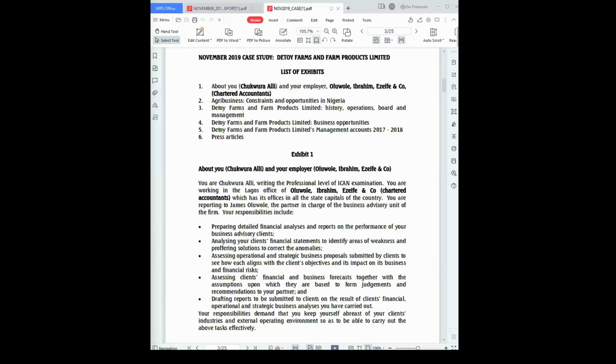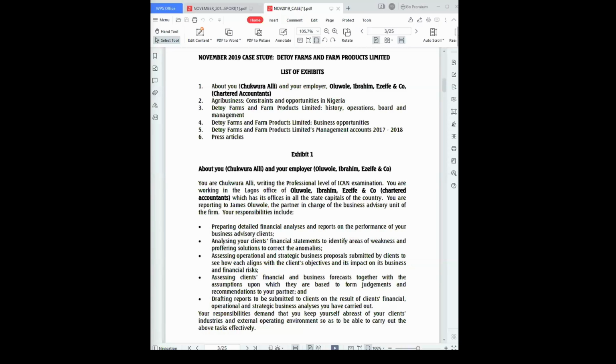You are working in the Lagos office of Oluwole Ibrahim Ezeife and Co., Chartered Accountants, which has its offices in all the state capitals of the country. You are reporting to James Oluwole, the partner in charge of the business advisory units of the firm.